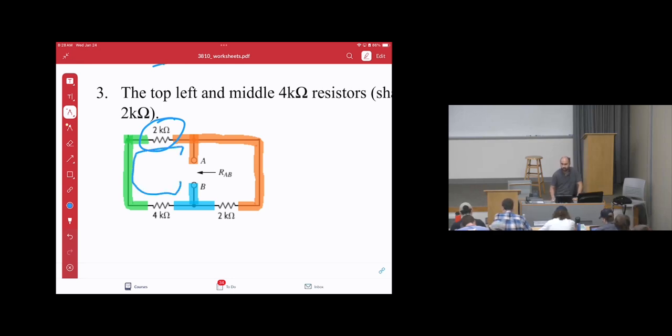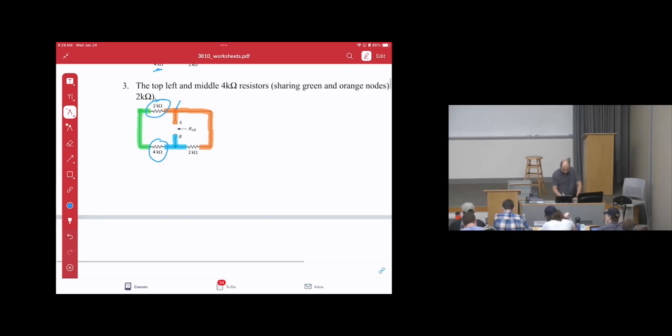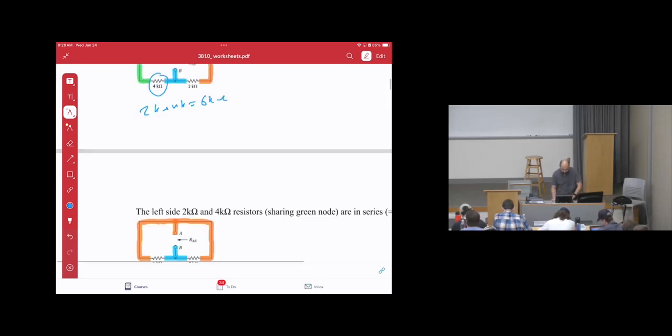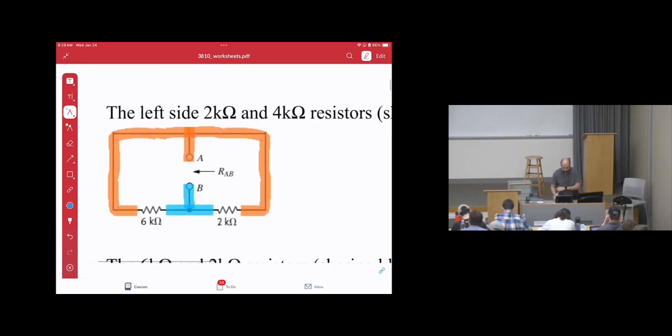Will this current be split? No. So those show you the same current. While they are not in parallel because this is orange, this is blue, then they are not in parallel. So as a result, 2 kilo ohms and 4 kilo ohms are in series. So their answer, 2 kilo plus 4 kilo equals 6 kilo ohms. So they will look like this.